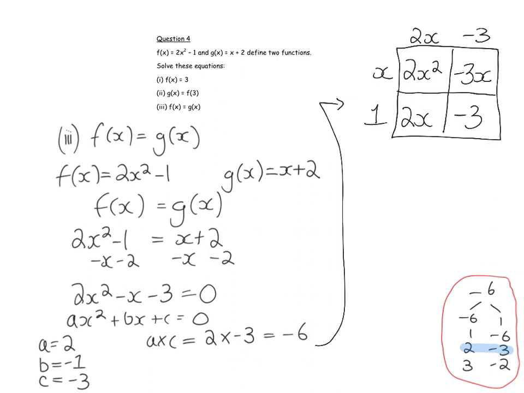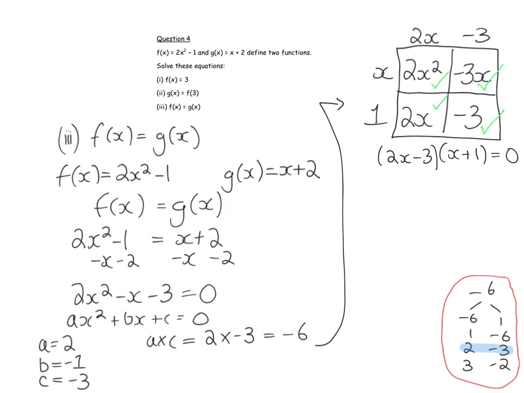We can then check to make sure we're correct. So x by 2x gives us 2x squared, that's perfect. x by minus 3 gives us minus 3x, that's perfect. Minus 3 by 1 gives us minus 3. And 2x by 1 gives us 2x. Then we have our two factors, so we have 2x minus 3 and x plus 1.